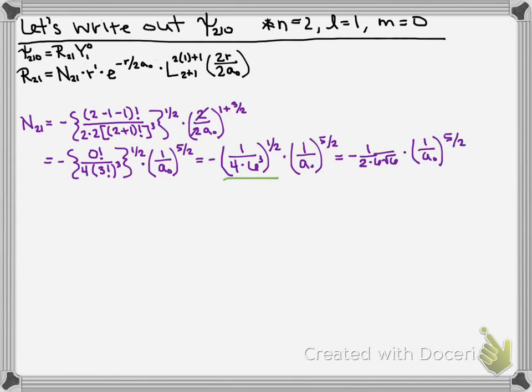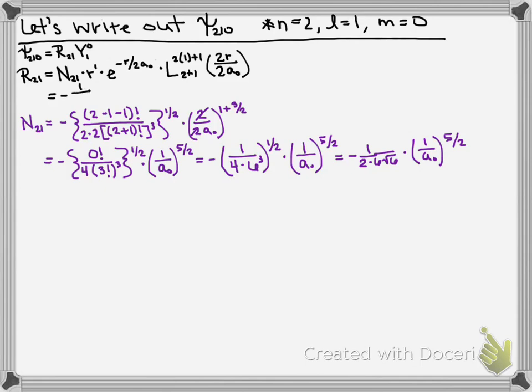The square root of 4 is 2, so the 4 becomes 2. The square root of 6 cubed is really the same as saying 6 times the square root of 6. So we're going to go ahead and make those adjustments just to simplify it a little bit. And then we still have our 1 over a naught to the 5/2.